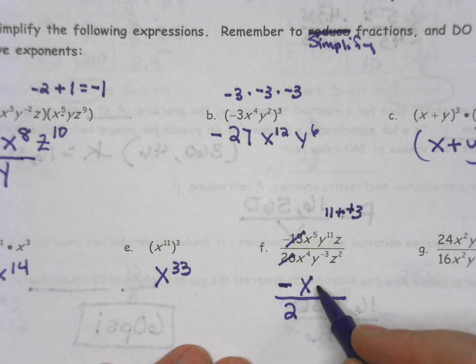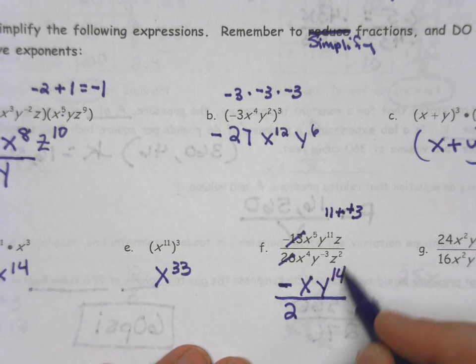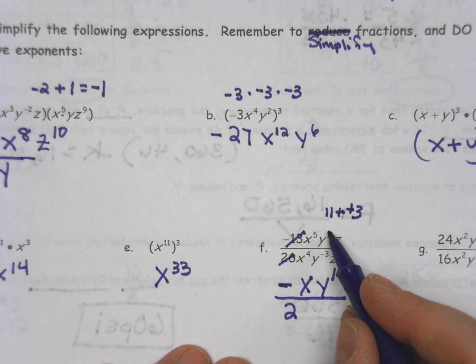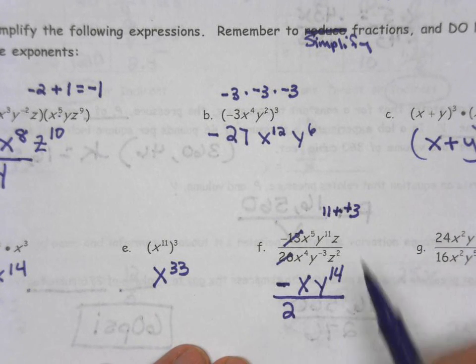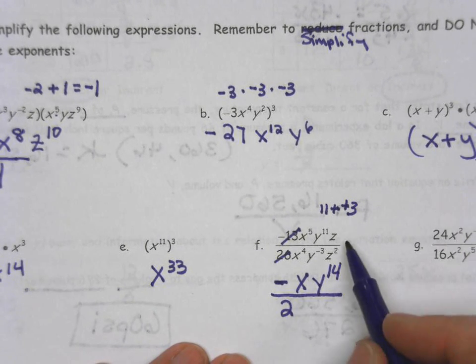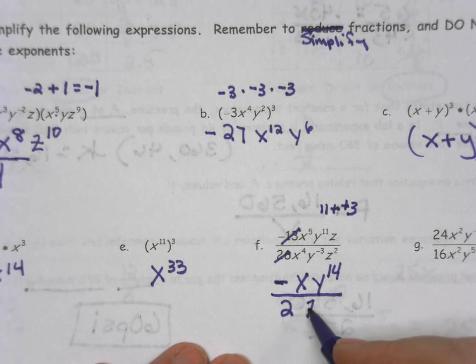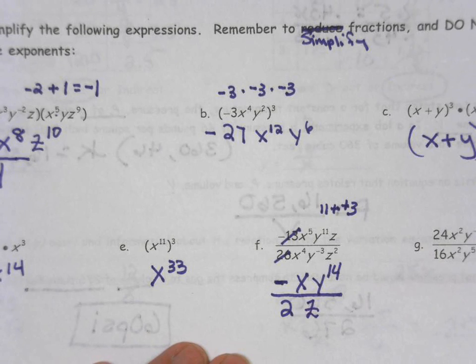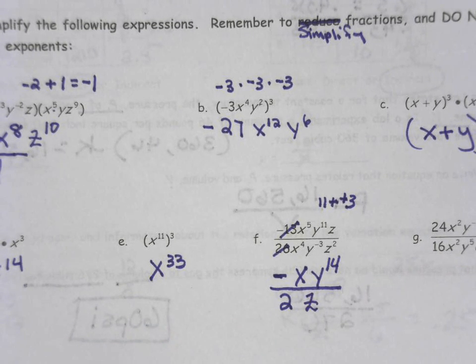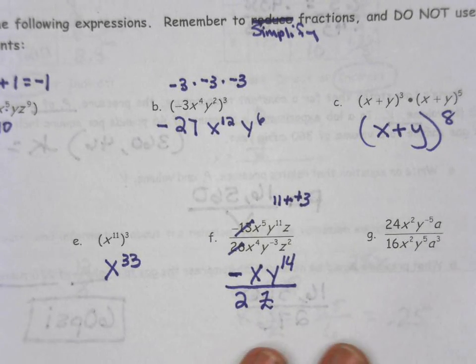So that would be double negatives make a positive. So that would be y to the 14th, or you could say since it's negative, it really flips. It's the reciprocal, it goes up. It's the inverse, if you want to say. Then the bottom here, or the z's, you'd say, do you have more on the bottom or on the top? And you have more on the bottom, so one more on the bottom, so it would be z. And so that would be the answer.